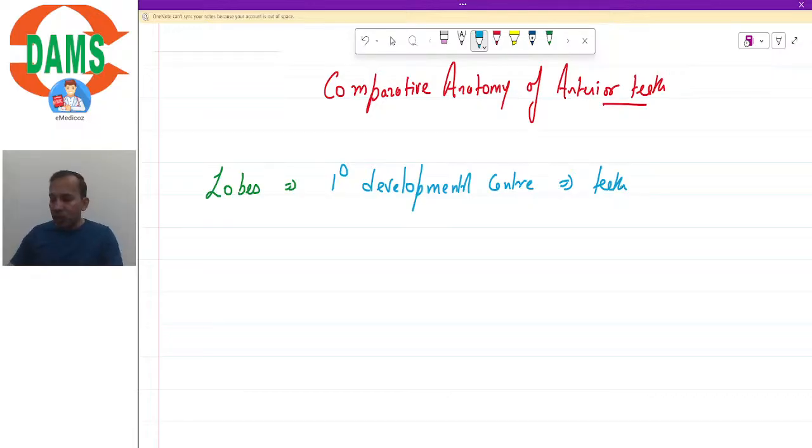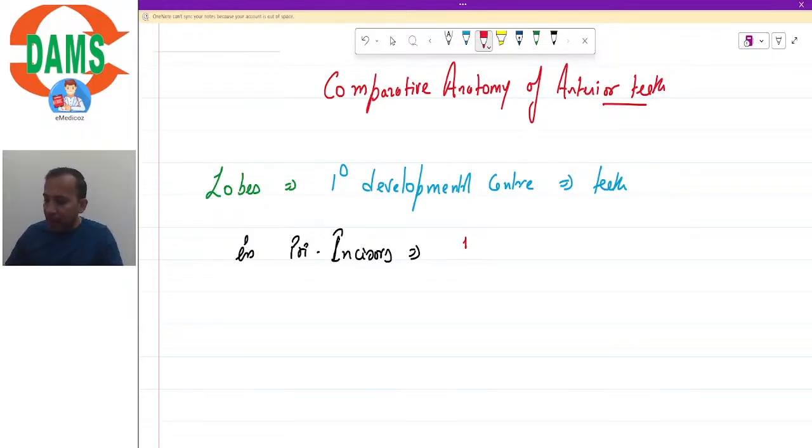When we are comparing these anterior teeth, let's first talk about these lobes. As we have studied in one of the previous classes, the minimum number of lobes required to form a tooth is 4. But in primary incisors, it is considered that they are made up of just one lobe.